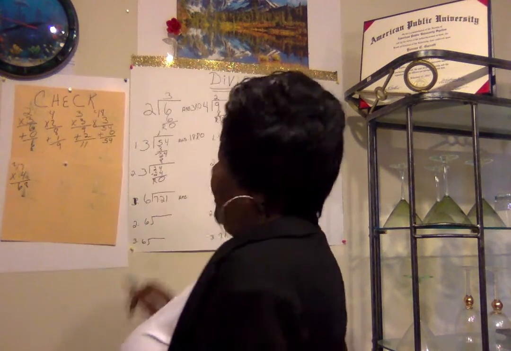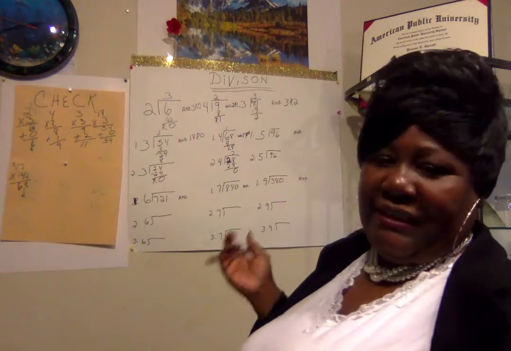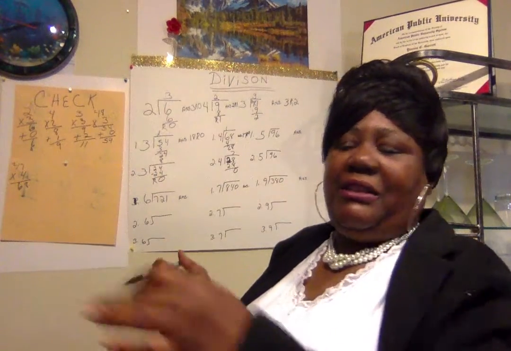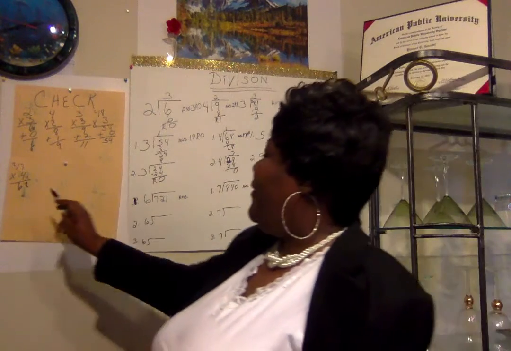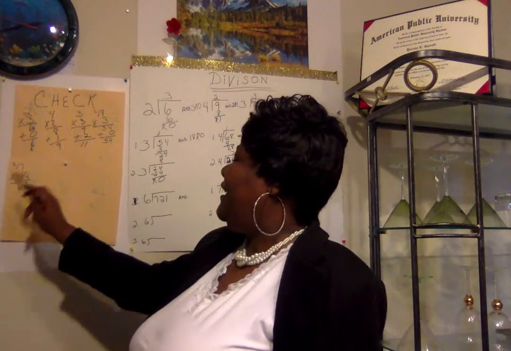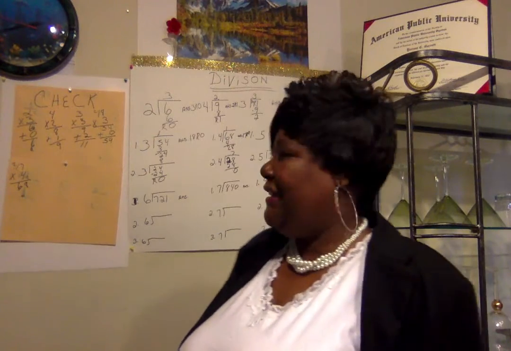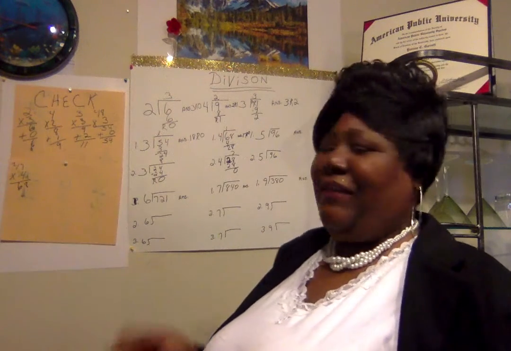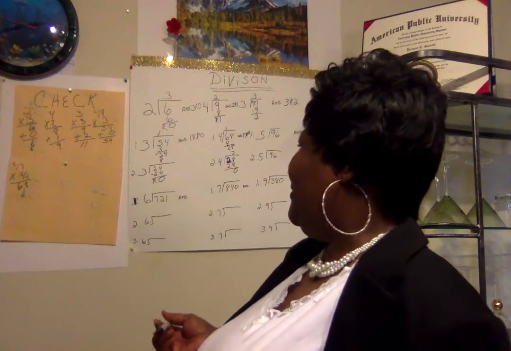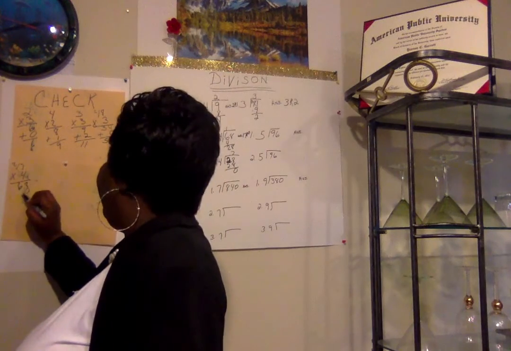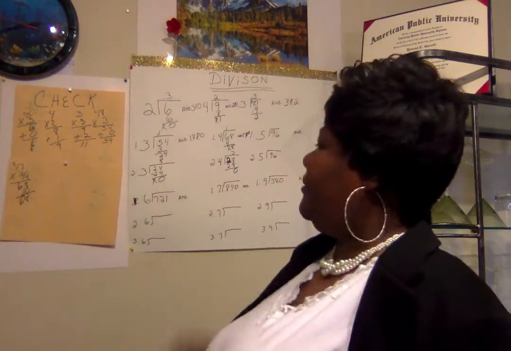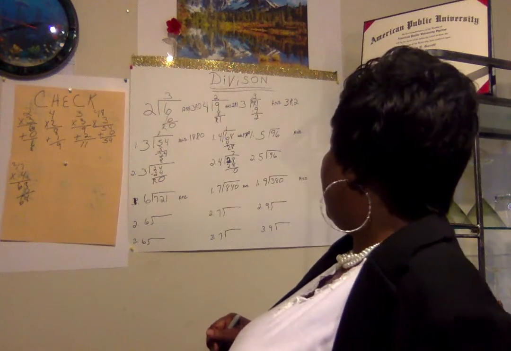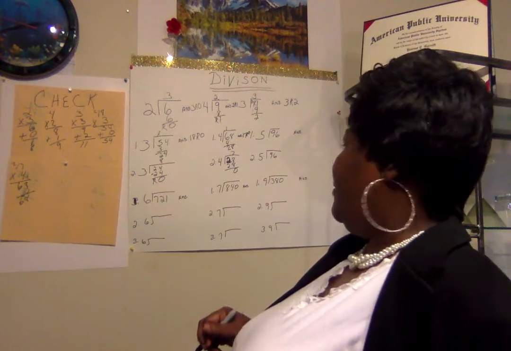And the number that you were dividing was also what? 68. So therefore, you know your answer is right. 17 times 4 is 68. So your answer was 17 and the remainder was 0. So 68 plus 0 is 68. 68 is correct. Moving on to the next number.